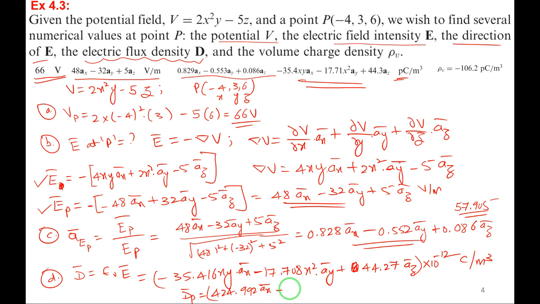What is x? x is 4, square that is 16. So 283.328 ay, plus 44.27 az, into 10 power minus 12 coulomb per meter cube. So this is D at point P.